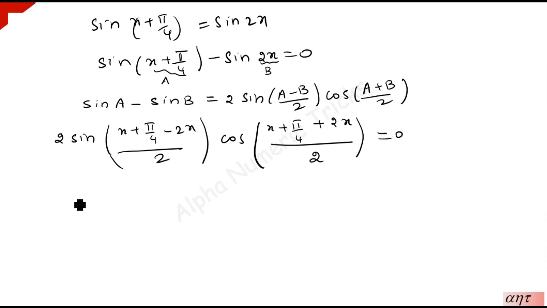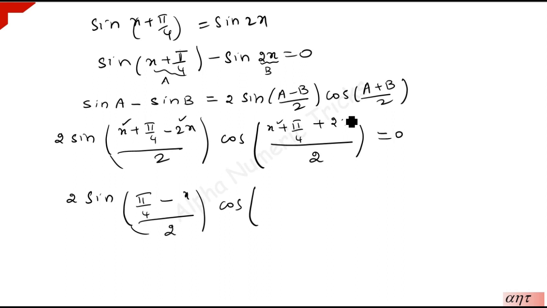After that we have to simplify this. 2 sine of x minus 2x becomes minus x, so pi by 4 minus x over 2, into cosine of x plus 2x, which is 3x plus pi over 4, over 2 is equal to 0.